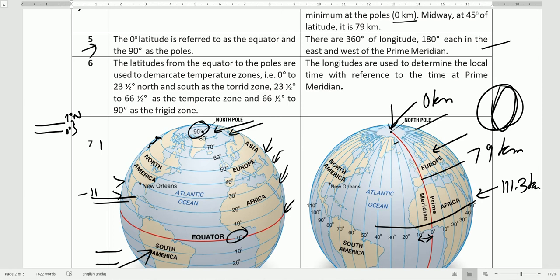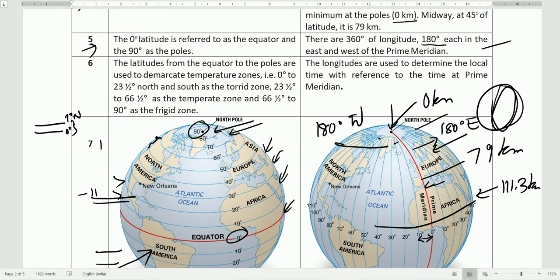Like that, we have 360 degrees of longitude, with 180 degrees east and 180 degrees west of the prime meridian. Here we have the prime meridian, and this side is east and this is west.